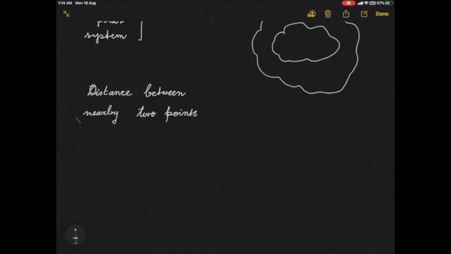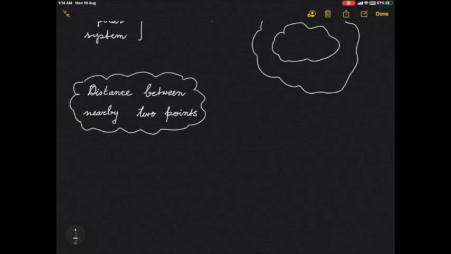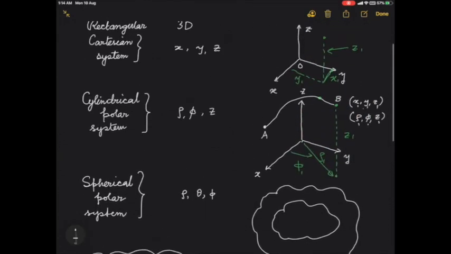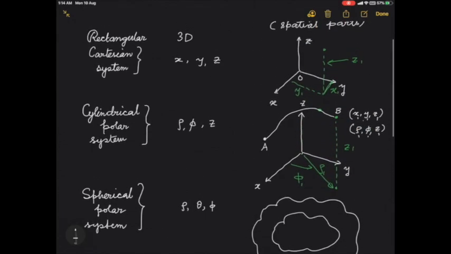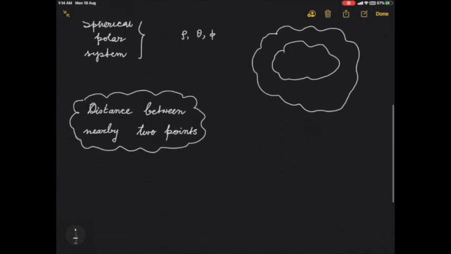So how do I calculate the distance between two nearby points? When I ask this question, it is not directly answered given only the coordinate systems. To know this answer, I need to add some other properties which I call the metric property.